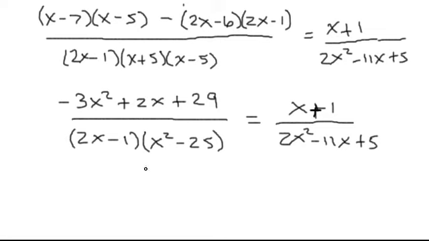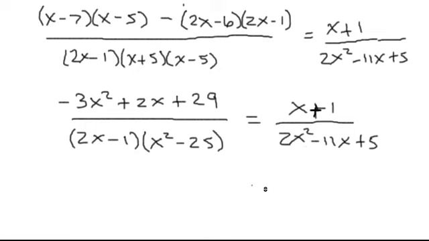Let's see. Trying to figure this out. That's the easiest way of doing this. I guess I'm going to need to multiply this bottom out. I don't know. Let me try factoring.